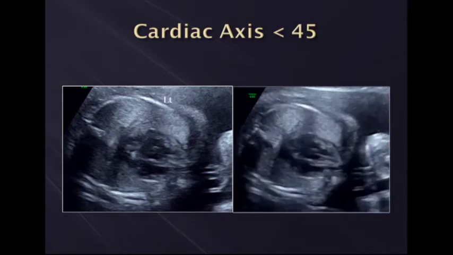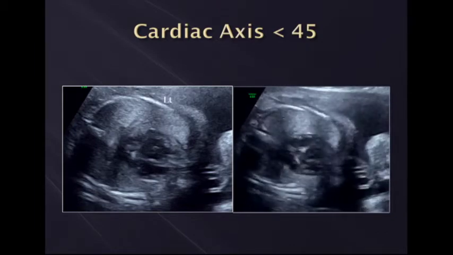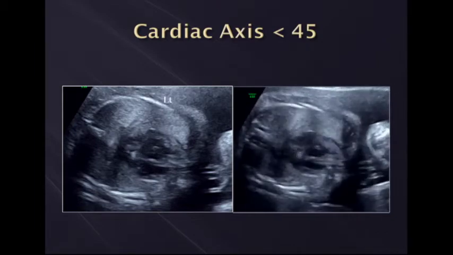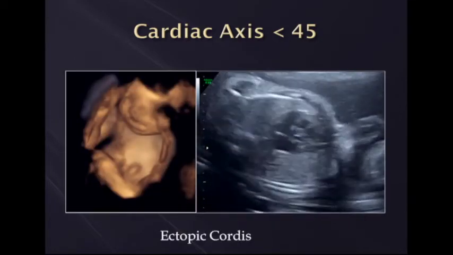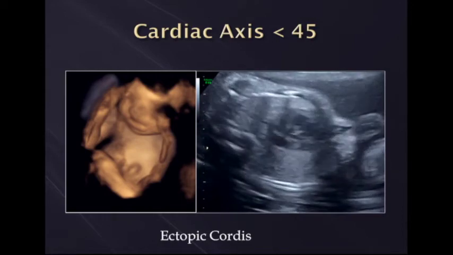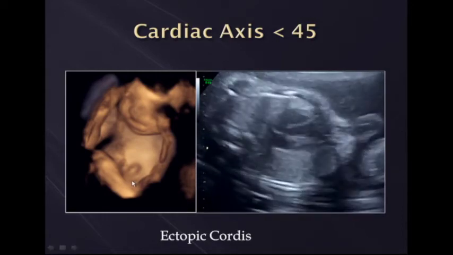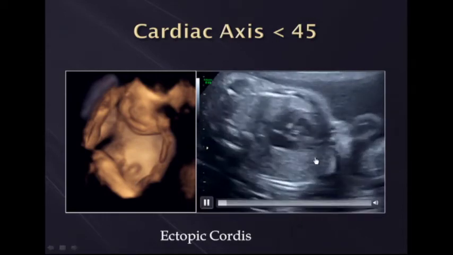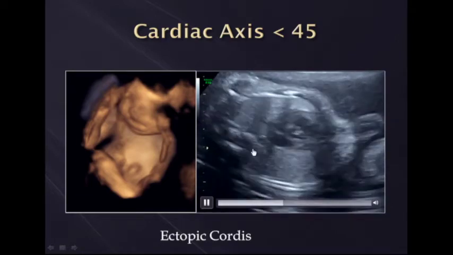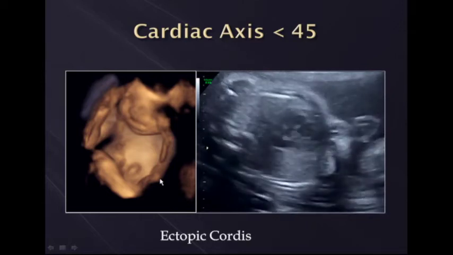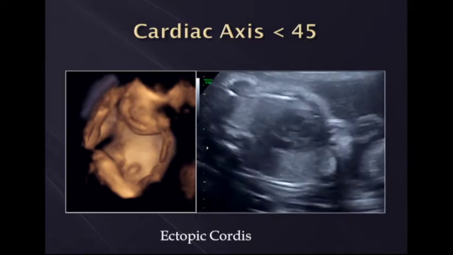And there's something very interesting in this case that I don't know if you can observe, but if you look carefully, such as we see here, you see a little bump on this 3D image, a bump seen anteriorly. And then if you look here, there is an ectopic cordis. So in this case, the axis was about 0 degrees.